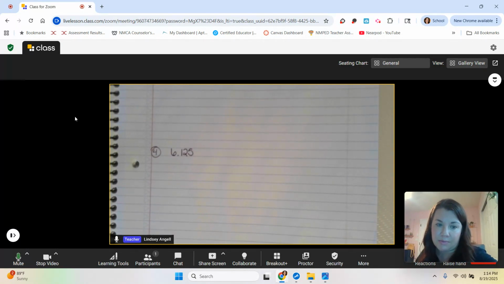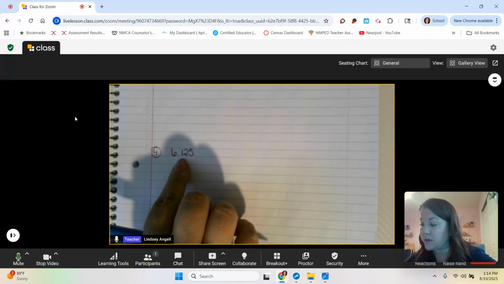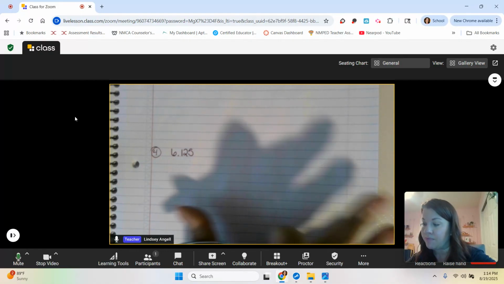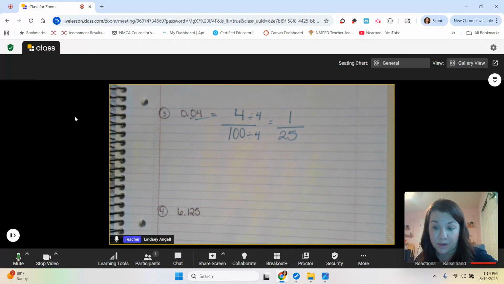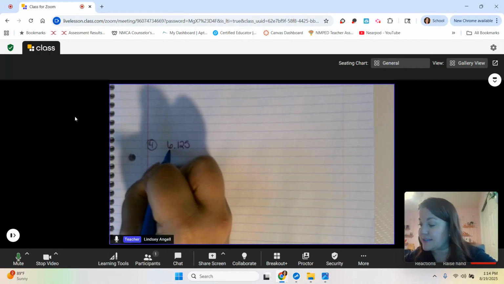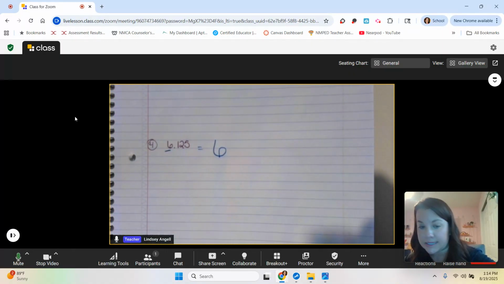And our final example for today, 6 and 125 thousandths. Ooh, we went to a higher place value this time. Also, this one and the last one are taken from your quick check. 6 is a whole number, so I'm going to write a big 6 in my answer.